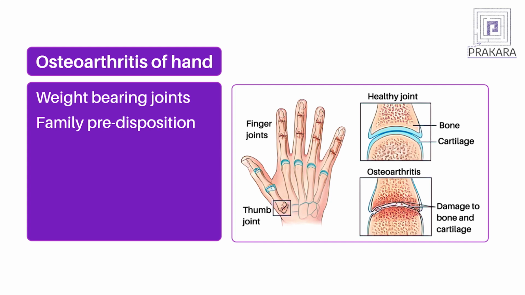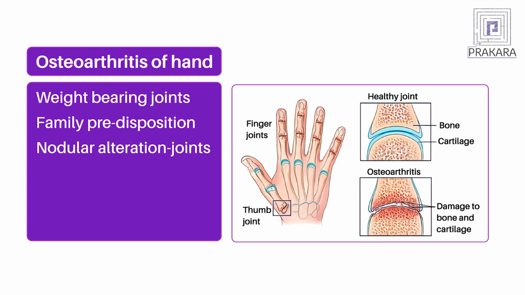There would be arthritic changes associated with the small joints of the hand, and the functionality of the hand is reduced. We would find that the bones are getting enlarged in shape, which is causing restriction of the range of movement, and there would be deformations, and sometimes we'll find nodular alterations around the joints.